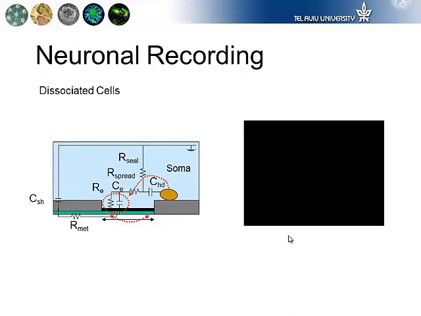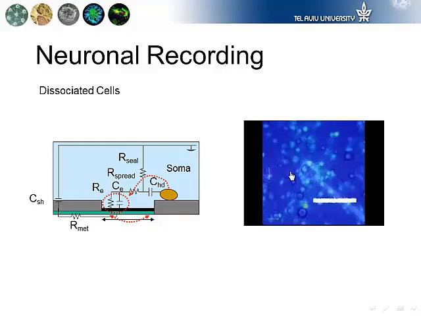Just to show some flavor of what this means. Electrically, what you're looking at is an electrode. This is a 30 micrometer electrode, and these are cells, neuronal cells and glia cells, with a calcium indicator that gives you an indication of calcium level in the cells, which indicates electrical activity.